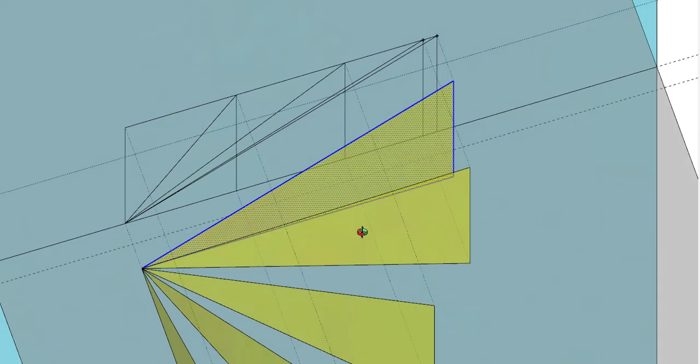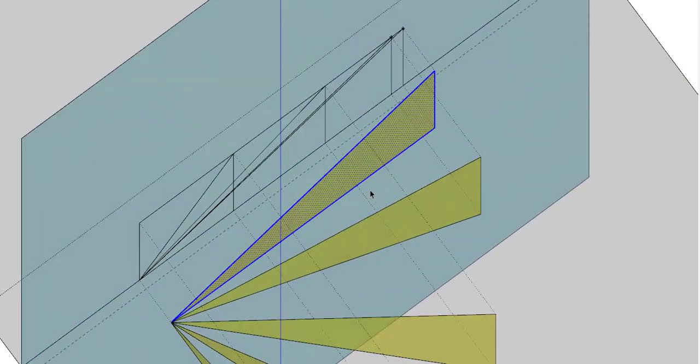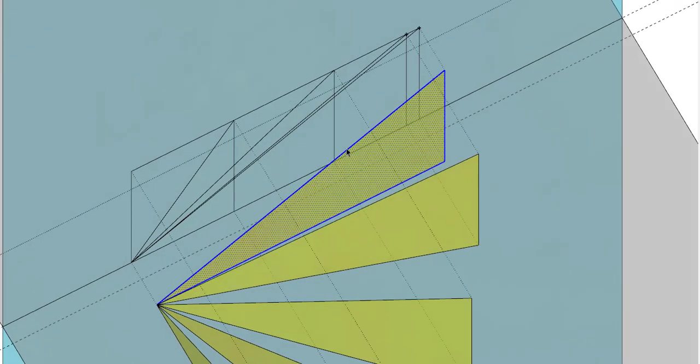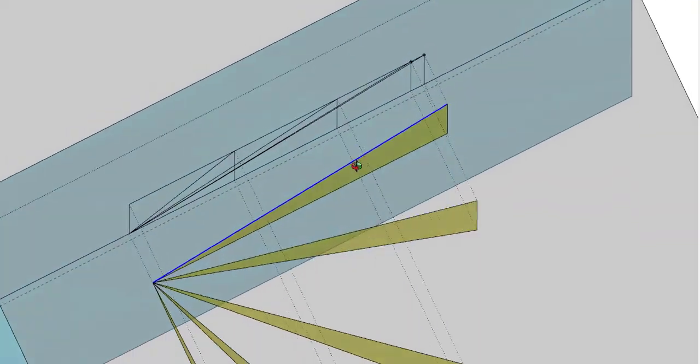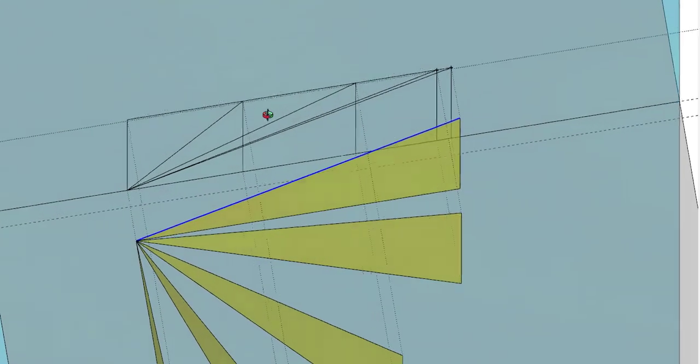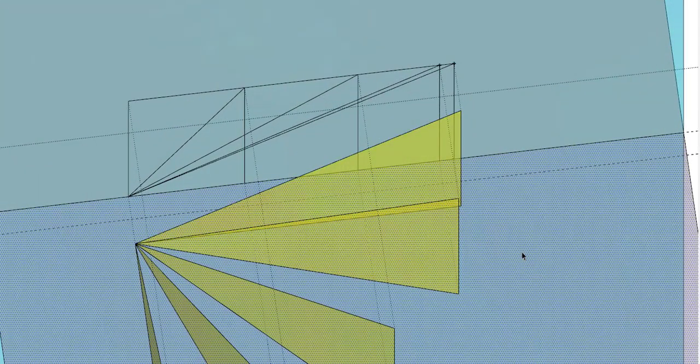It contains one line which is parallel to the horizontal plane, and then there is this line which I am stressing more, because it is inclined to the horizontal plane. At the same time, if I look from the top, I would understand that it is actually parallel to the vertical plane. Okay, the top edge.